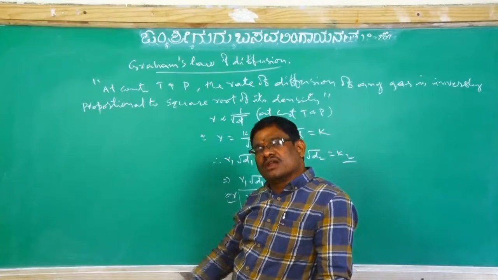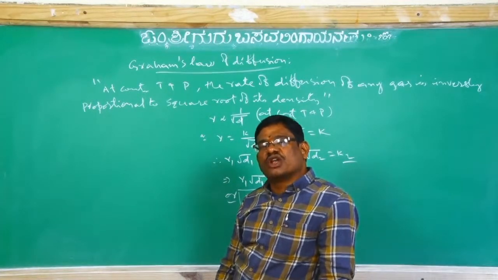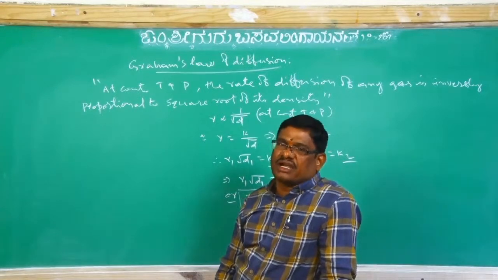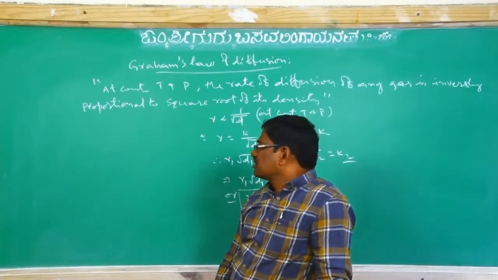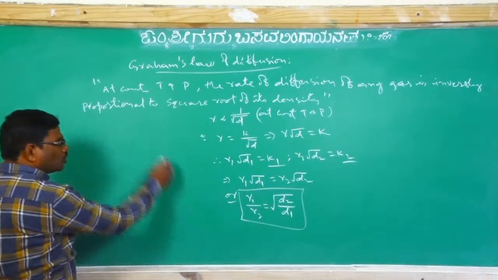And in terms of molecular mass different, in terms of vapor density is different, in terms of just volume and time also different. Right? Whatever the different expressions are there, we can solve tomorrow also.